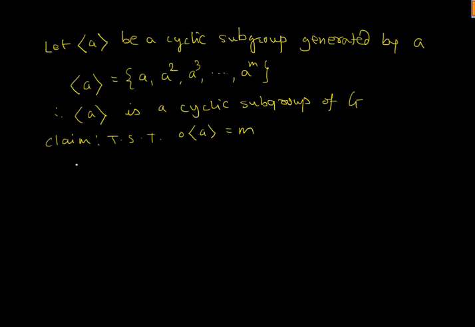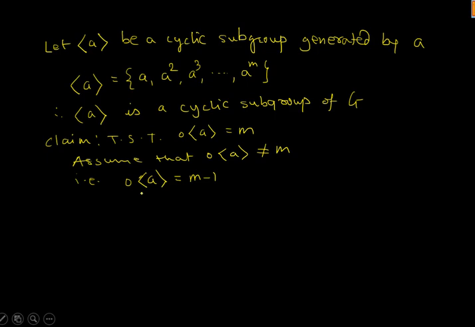To show this, assume that the order of this cyclic subgroup is not equal to m. That is, the order of the cyclic subgroup is something less than m. So I am considering it is m minus 1. That means in this list of elements, some different powers of A give the same answer.